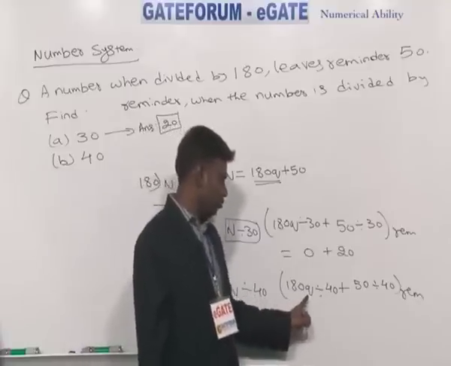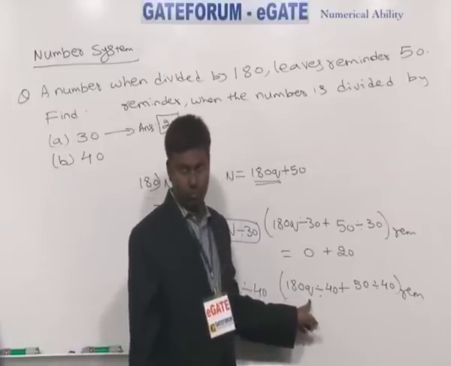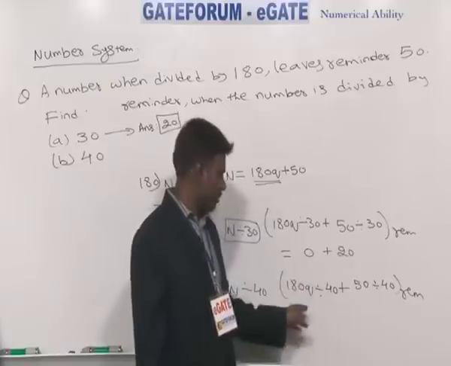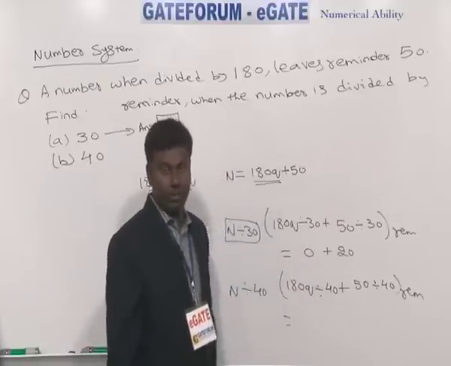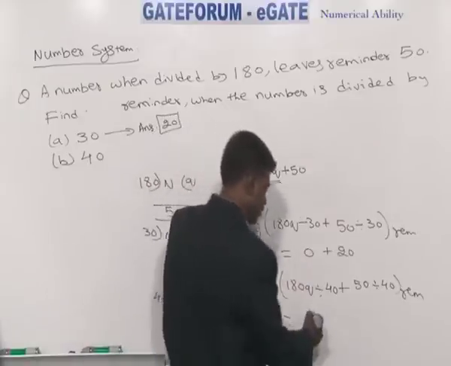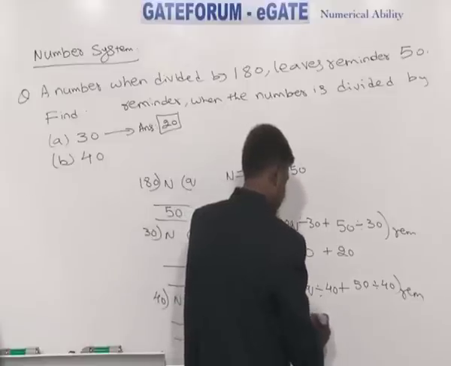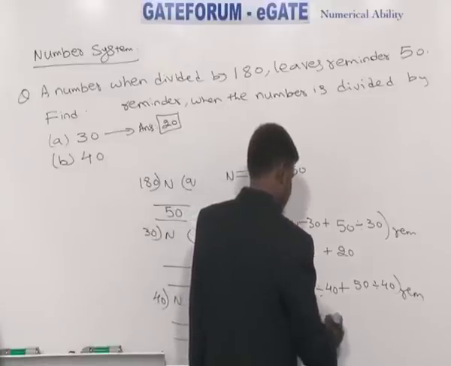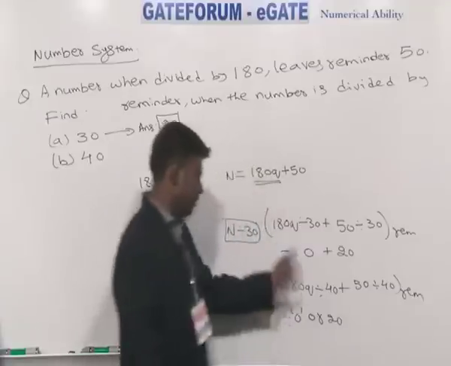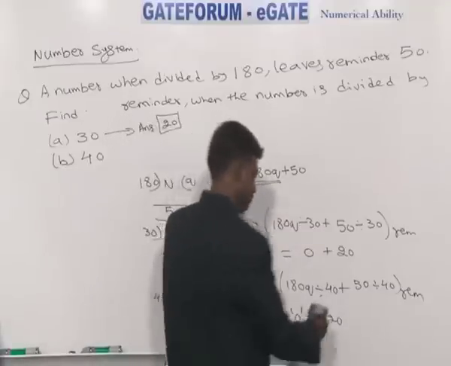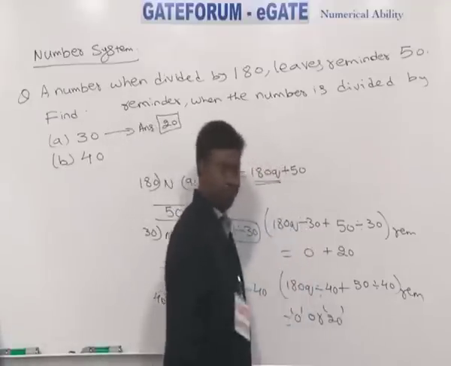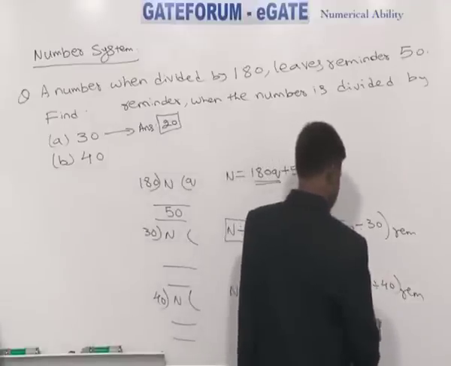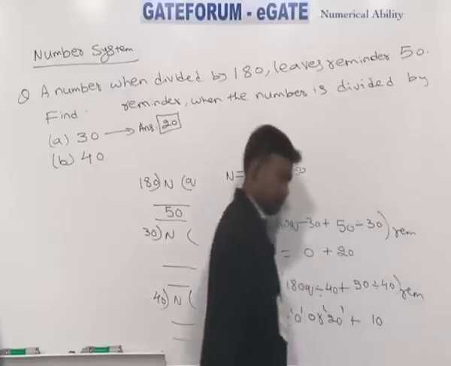Suppose q is equal to 2. If q is equal to 2, 180q is divisible by 40. If q is equal to 3, 180q is not divisible by 40. So you either get 0 or 20 here. Whereas 50 when divided by 40, you will get damn sure 10.